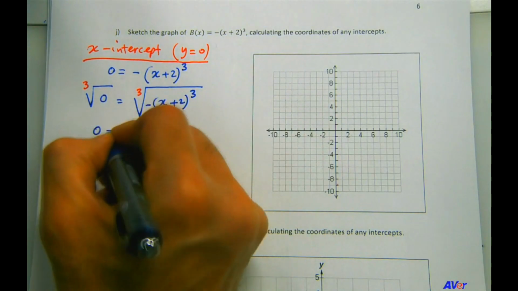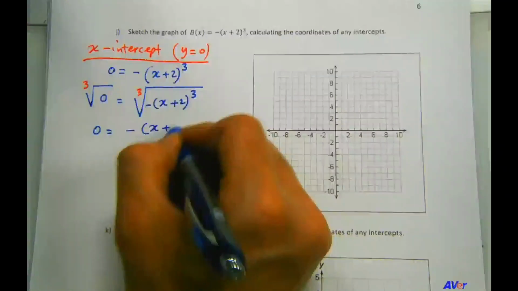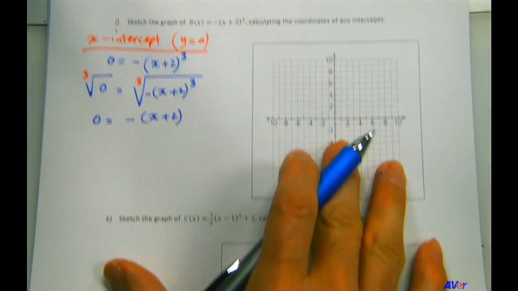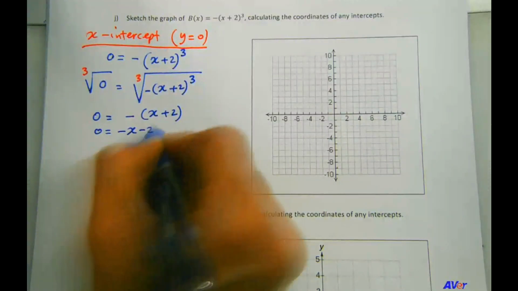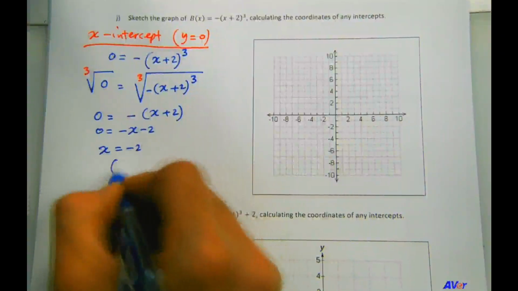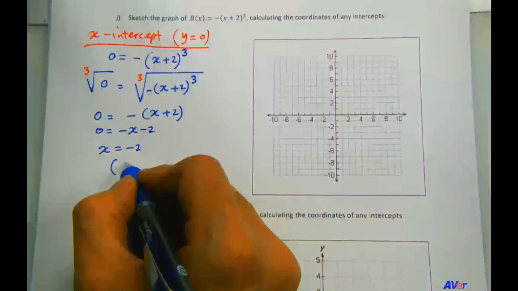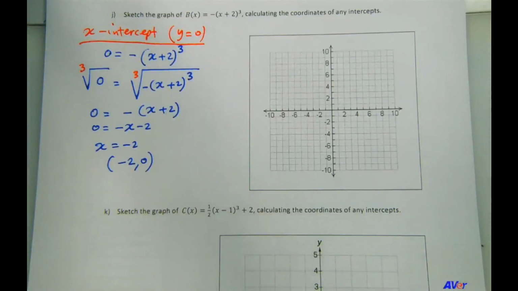On the left we have 0. On the right we have minus x plus 2. And this is 0 equals minus x minus 2, and x equals minus 2, so the x-intercept is negative 2 comma 0. Okay, so that's the x-intercept.